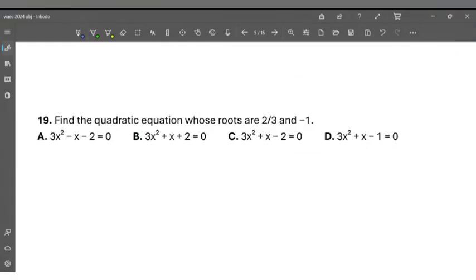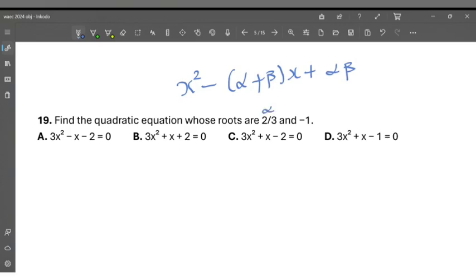So question number 19 says find the quadratic equation whose roots are 2 over 3 and minus 1. So anytime you are told to find a quadratic equation and you are given the roots, you apply the general formula x squared minus (alpha plus beta)x plus alpha beta, where alpha and beta are the roots.